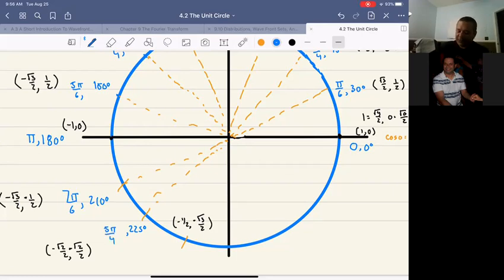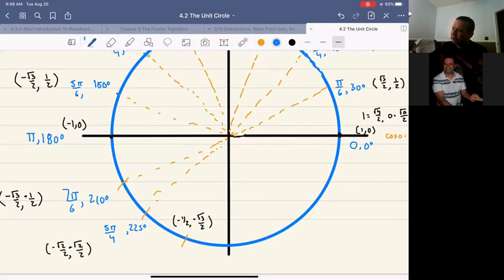This angle down here is pi plus pi over 3. So it's going to be 4 pi over 3. Make sure, yep, 4 pi over 3. Or 180 plus 60 degrees, 240 degrees.